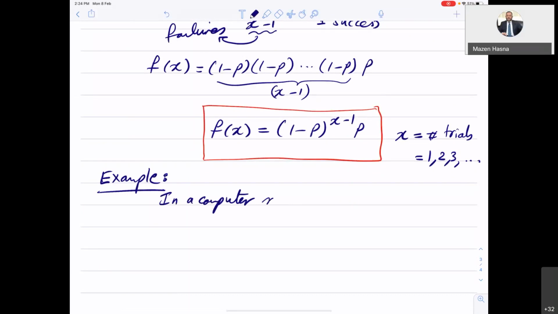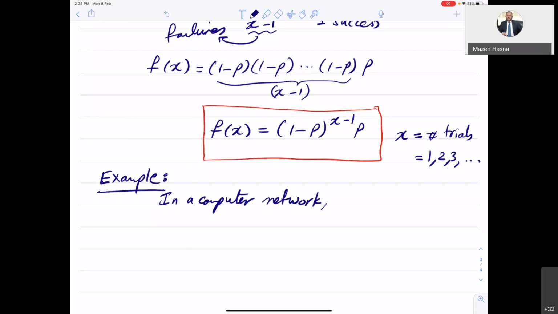In a computer network, we send information in packets between nodes, between routers, so that when you send an email, or even when I'm streaming this lecture, the video is split into packets, and these packets reach the home of each one of you through points in between, right?